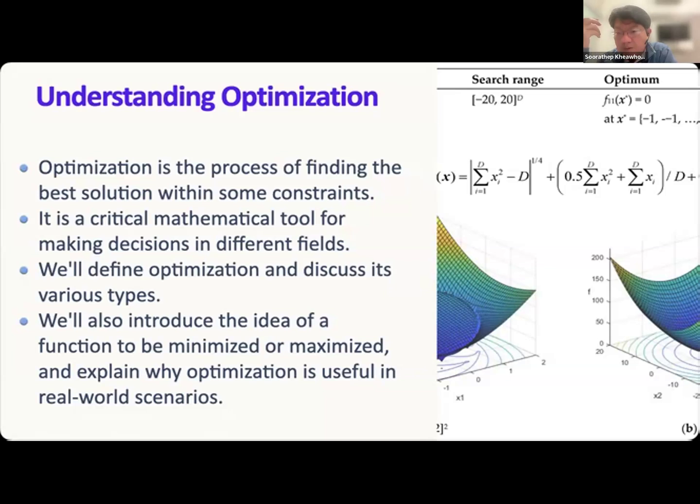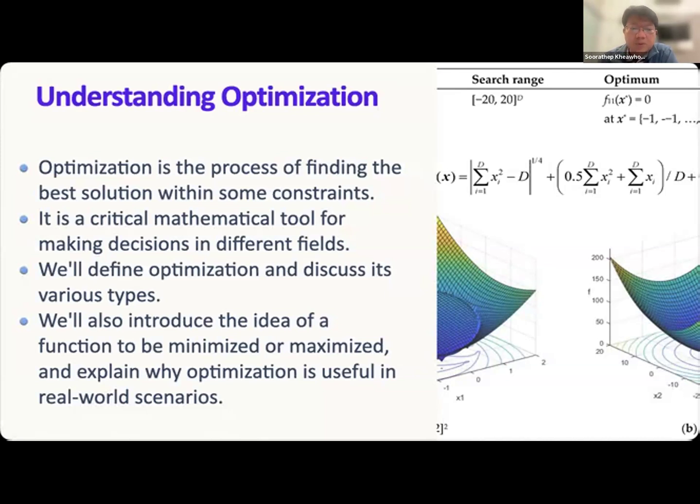So this is a kind of mathematical tool. When we talk about optimization, you cannot avoid using mathematics, and imagination. It is a mathematical tool for decision making, and it can be applied in various fields.